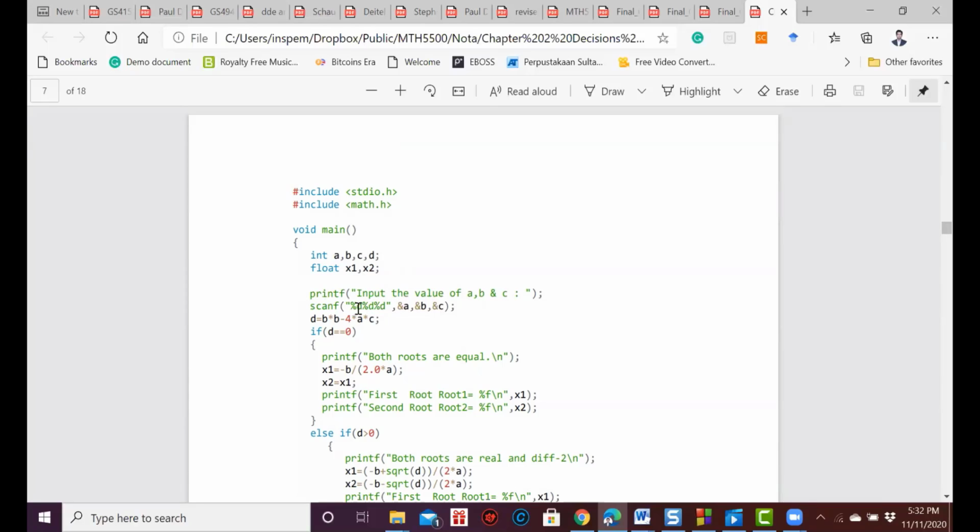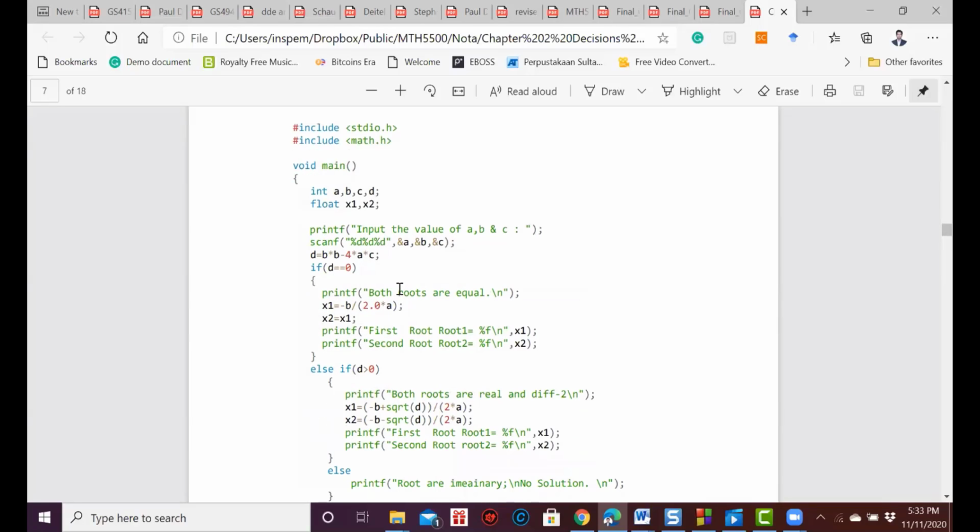Since a, b, c are integers, the format should be percent d, percent d, percent d, three times percent d. The number should tally with the number of variables here, separated by commas.